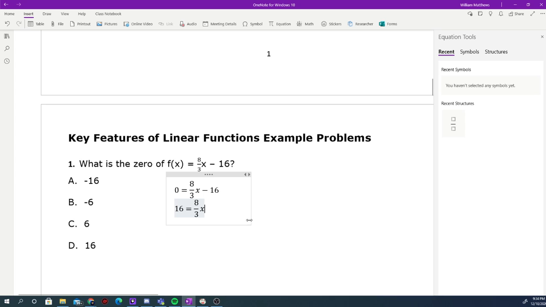The way I personally like to do is eliminate our denominators, the bottom of the fraction, by multiplying everything by that bottom value. So I'm going to multiply everything by 3.